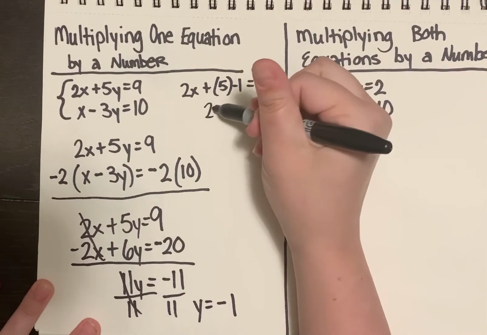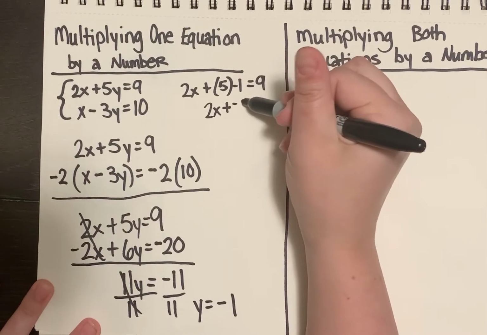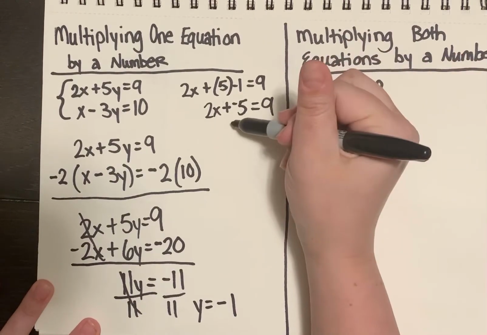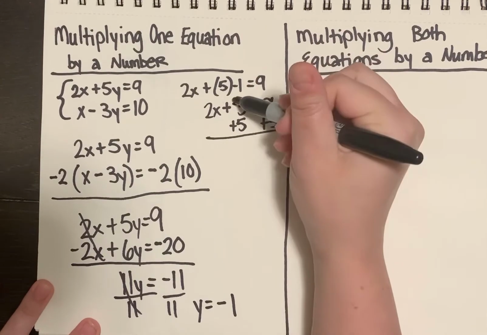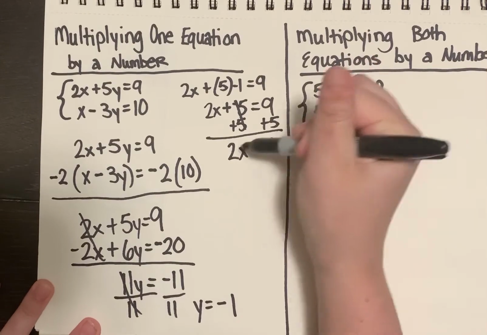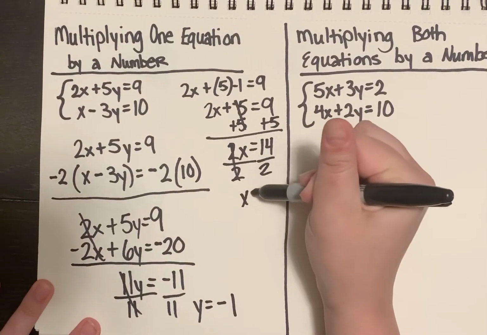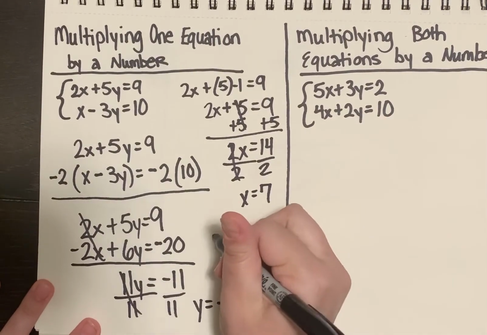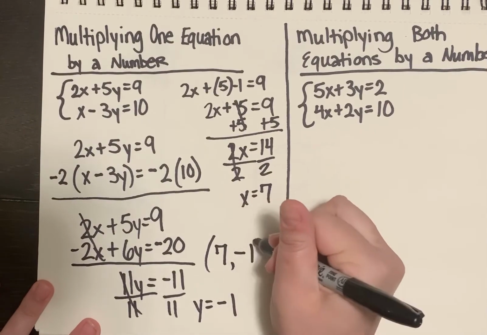So 2x plus negative 5. I should have said minus 5, it would have been easier. Then I add 5 to both sides to eliminate it. I get 2x equals 14, divide by 2, and I have x equals 7. So I have a solution here, which is (7, negative 1).